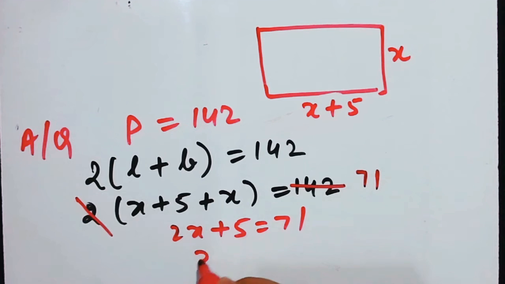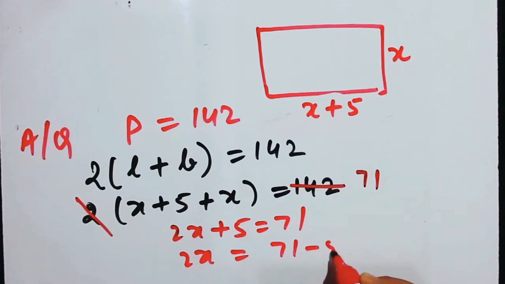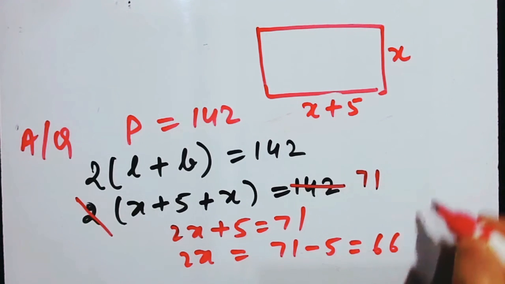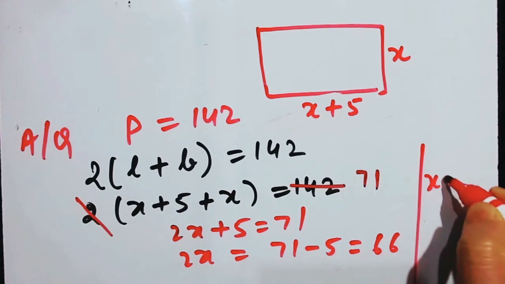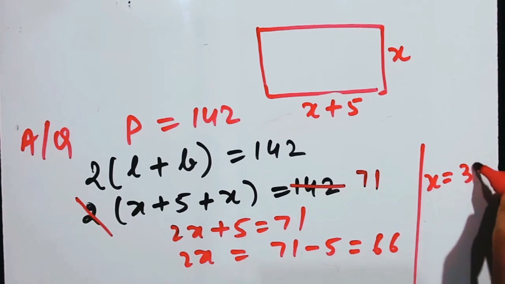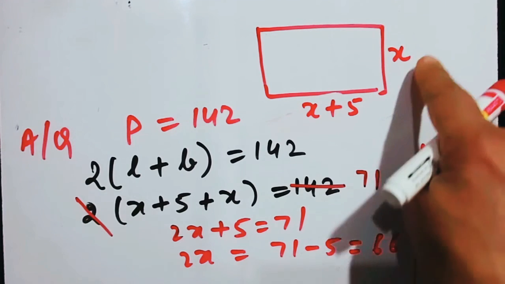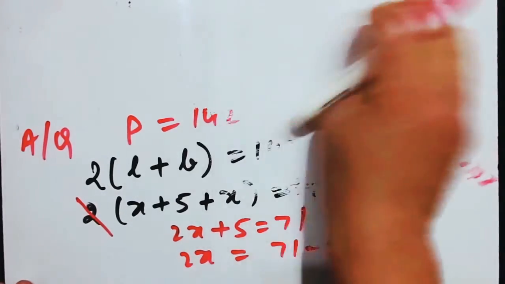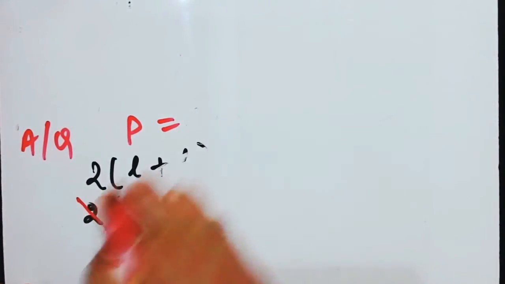Therefore, your x will be equal to how much? 2x will be equal to 71 minus 5, is equal to 66. Therefore, x is equal to 66 divided by 2, which will give you 33 meter. So if this is 33, you can find out the value of x plus 5 as well. That is why I said that framing of linear equation is very important, not solving.